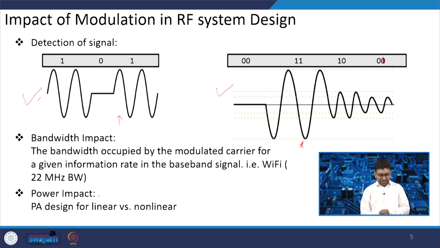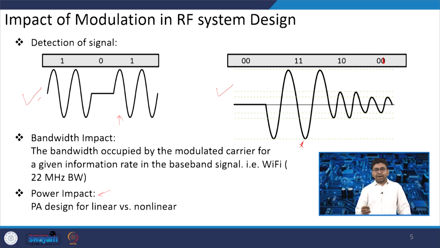Then there is the power impact: power amplifier design for linear versus non-linear schemes. If your modulation scheme is linear in nature, then you need a much more linear amplifier.